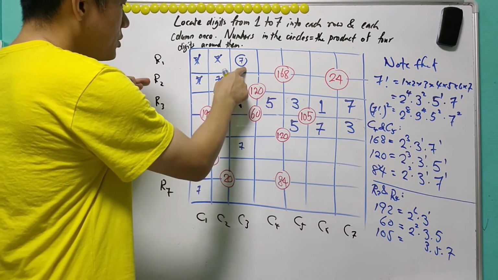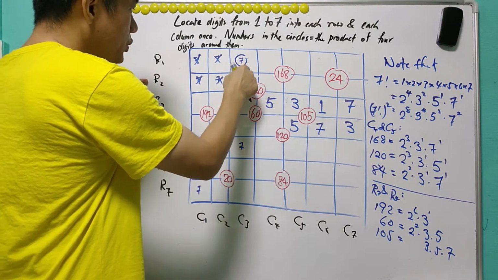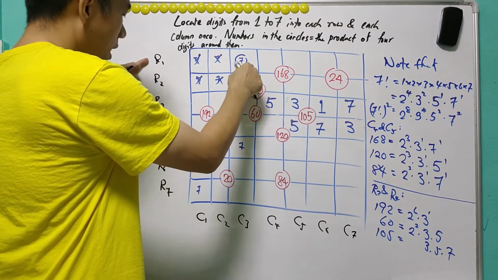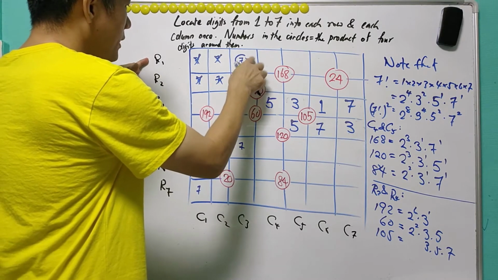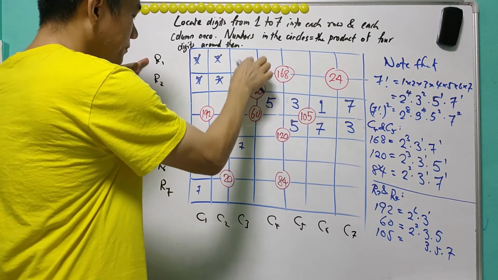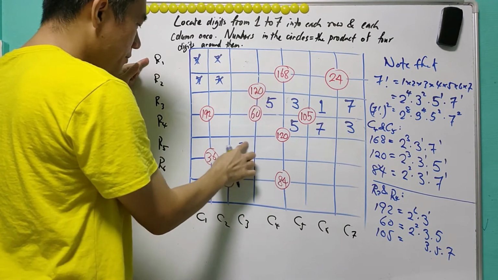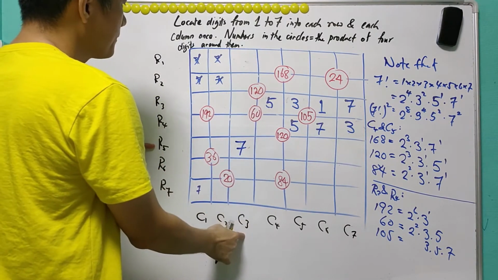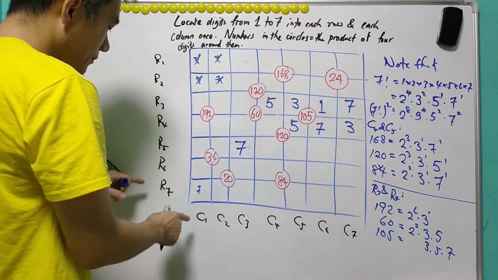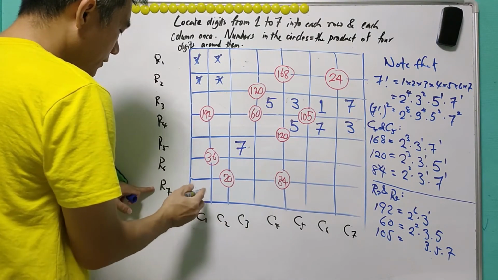This will be a contradiction because we chose 7 to be in R1 C3. So this means that R1 C3 cannot have 7, and therefore 7 must be in R5 C3. Using a similar argument, 7 must be in R7 C1.